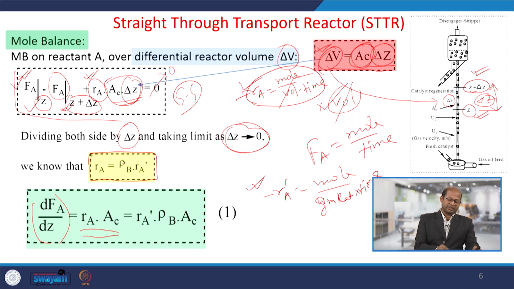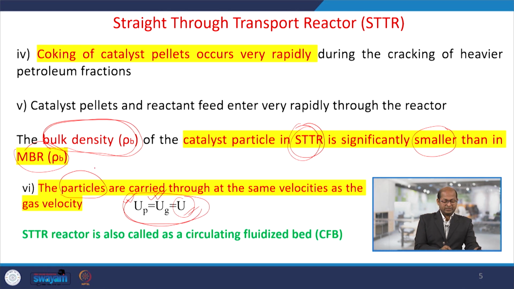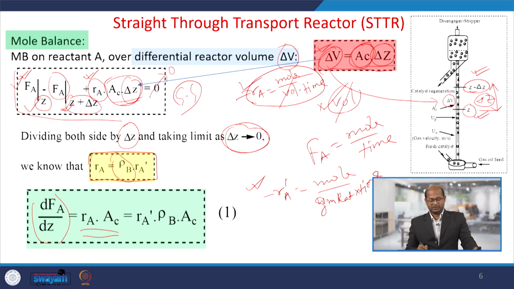If we multiply by the density of the catalyst particles, the bulk density rho b of the catalyst bed, then RA equals rho b into RA prime. Substituting this RA here, equation 1 is dFA by dZ equals RA prime rho b into AC.